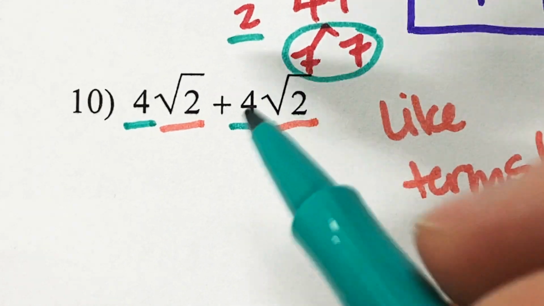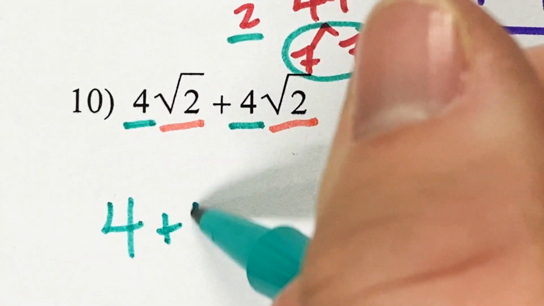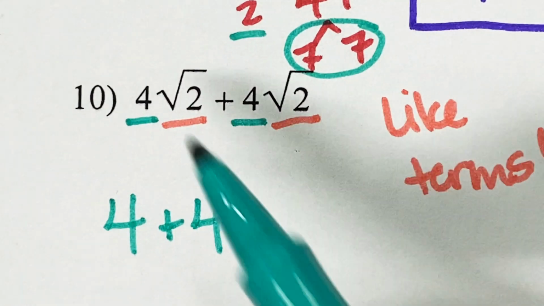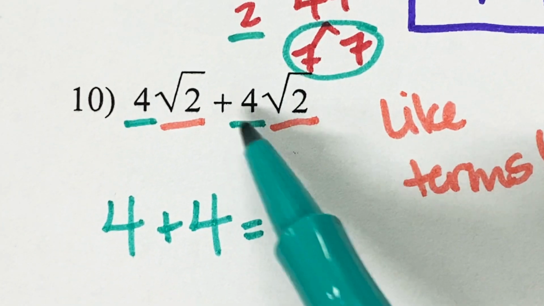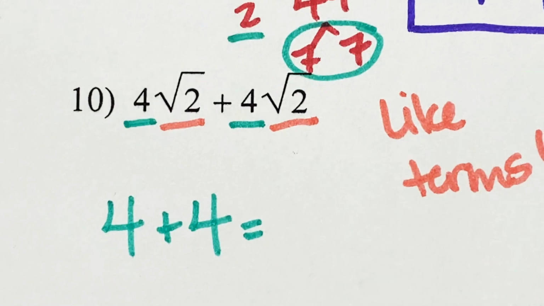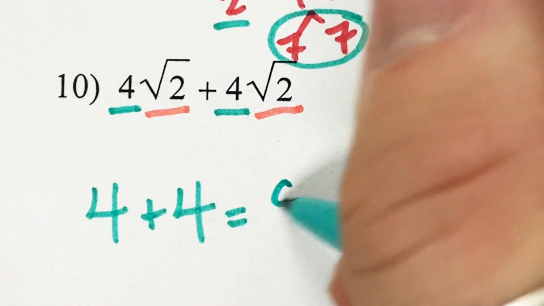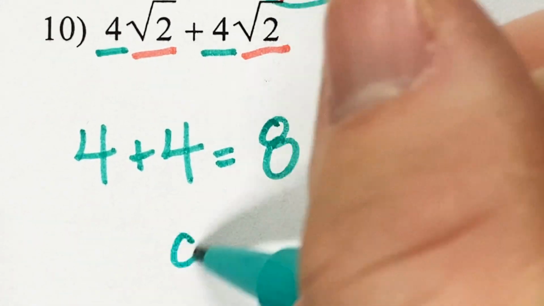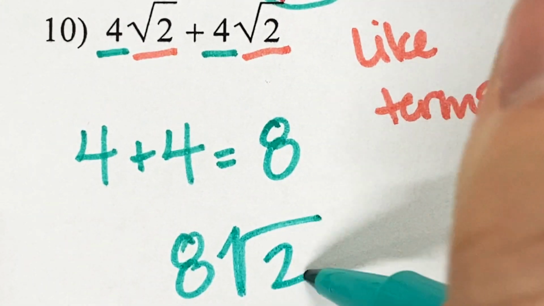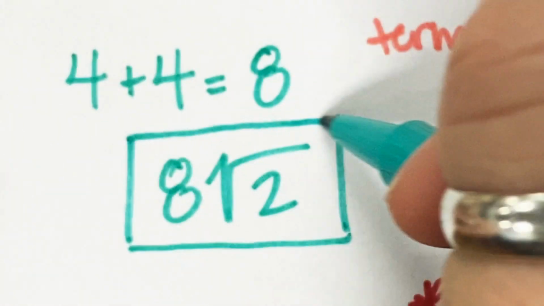Okay, what is 4 plus 4? Okay, this is like saying I have 4 of something and I'm adding another 4 of something. How many of that something am I going to have? I'm going to have 8. Okay, and what is that something? Well, it's 8 square roots of 2. So our final answer, 8 root 2.